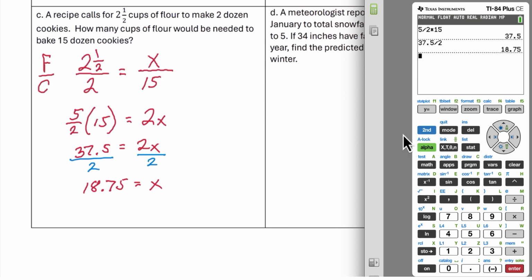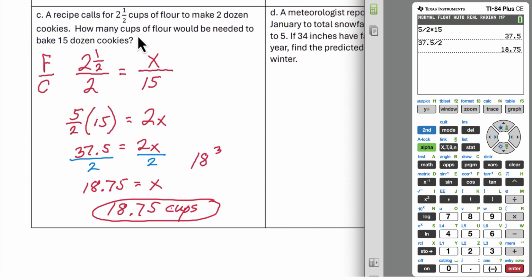We're talking about flour, amount of flour, and the amount of flour is cups. So we have 18 and 75 hundredths cups. Or if we wanted to convert that to a mixed number, that would be 18 and 3/4 cups of flour.